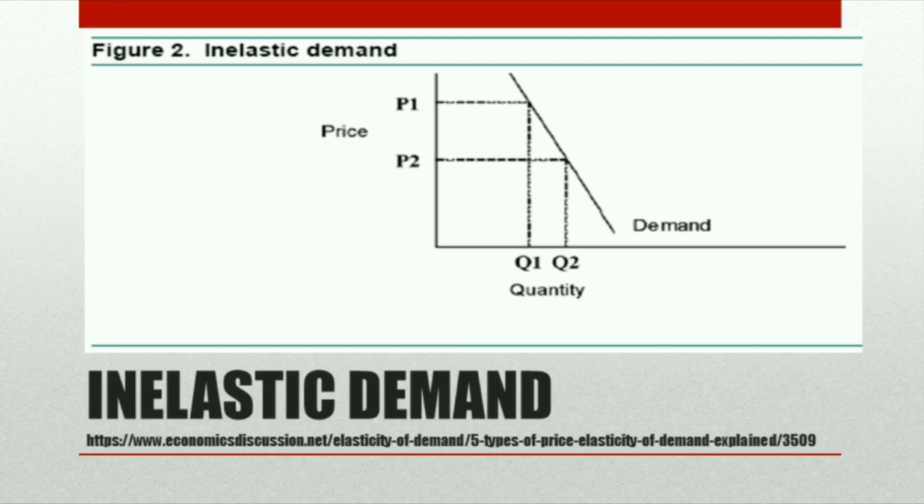In this diagram, you can see that at price P1, quantity demanded is Q1. When price falls to P2, quantity demanded increases, but from Q1 to Q2, you can see only a smaller increase.